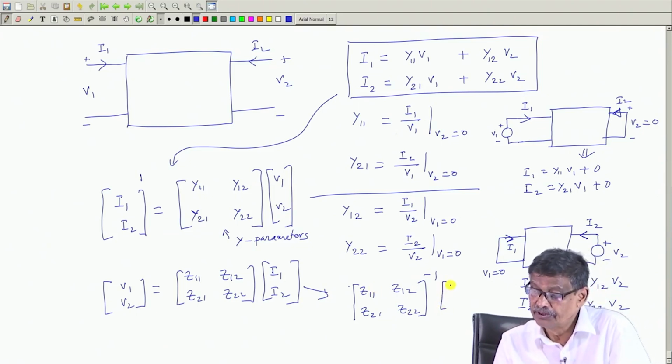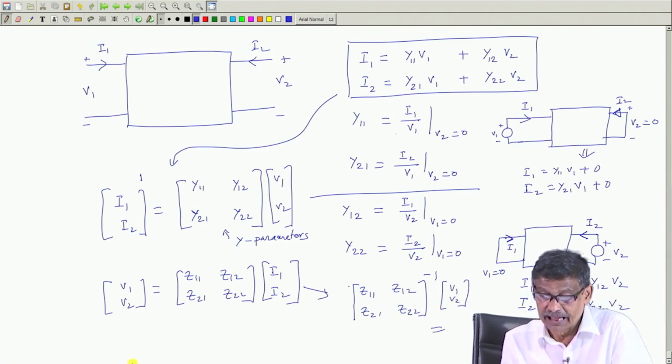This into V 1 V 2 then becomes an identity matrix, and this will be equal to simply I 1 I 2.